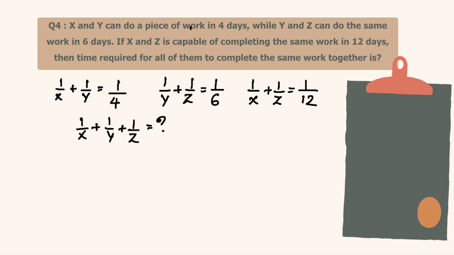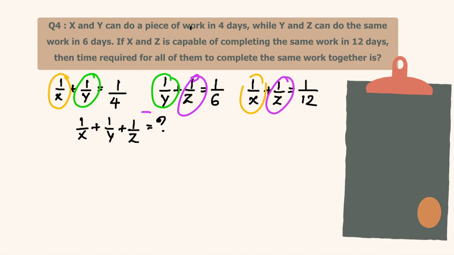How do we solve this? Any idea? Now if we look at these equations, 1 by x is here and here, 1 by y is here and here, 1 by z is here and here.